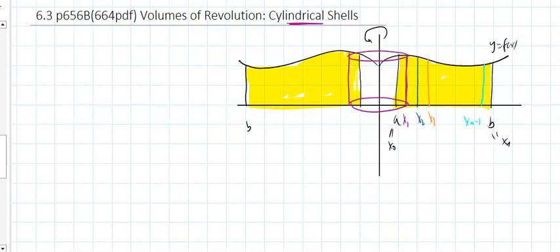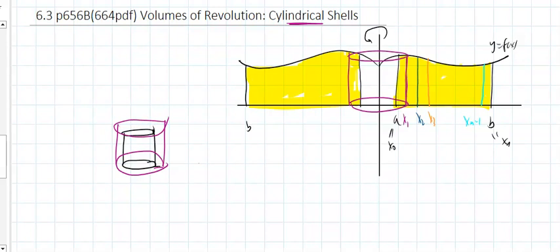So I'm going to take this and I added x sub 1. Here we go.